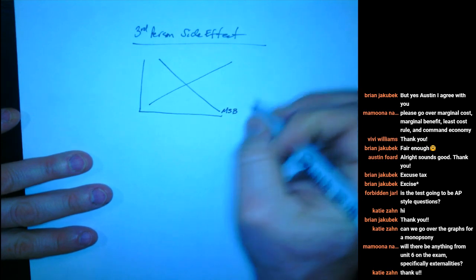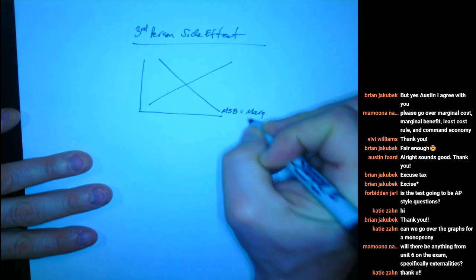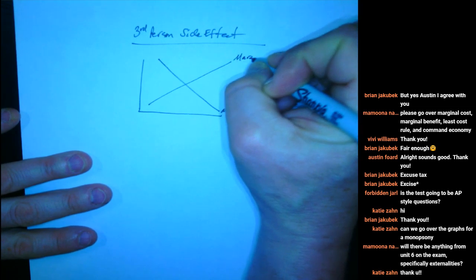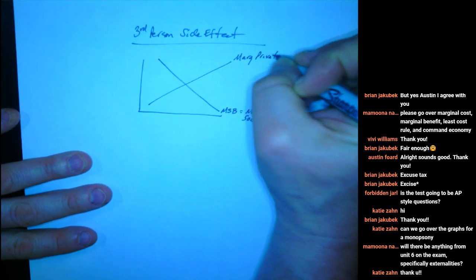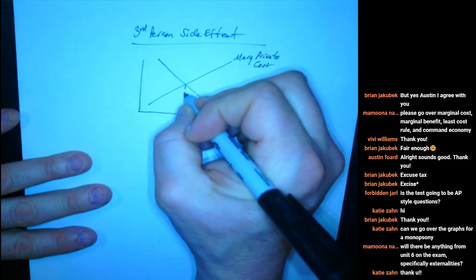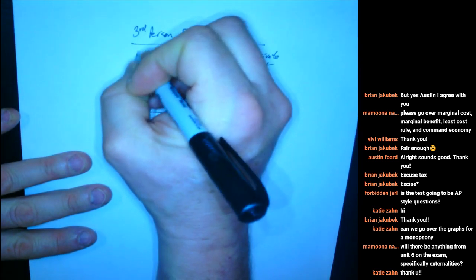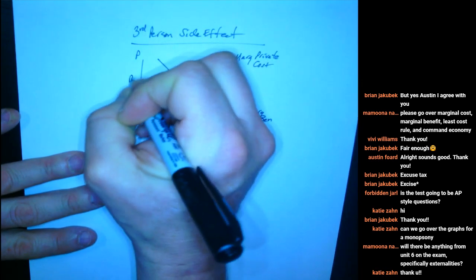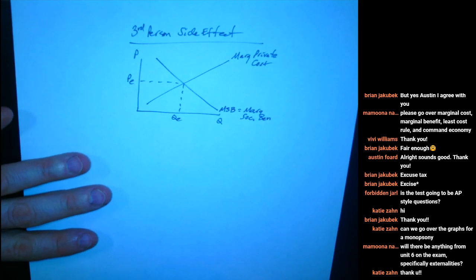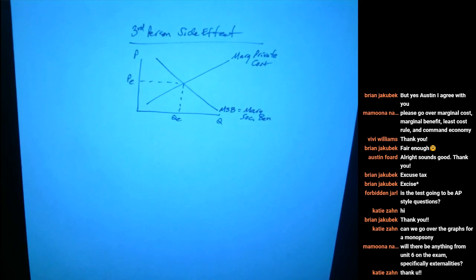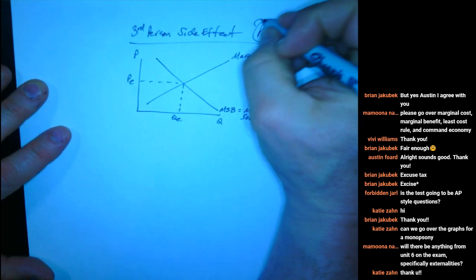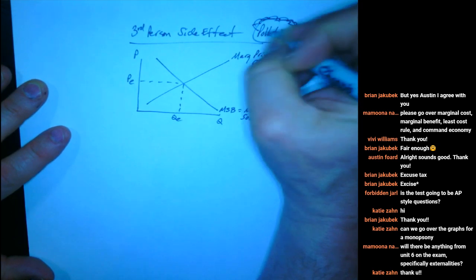Here's our marginal social benefit. And here's marginal private cost. Quantity, price, E. Okay, so what happens here is that if this is pollution, okay, here's a lot of pollution here, yucky pollution.